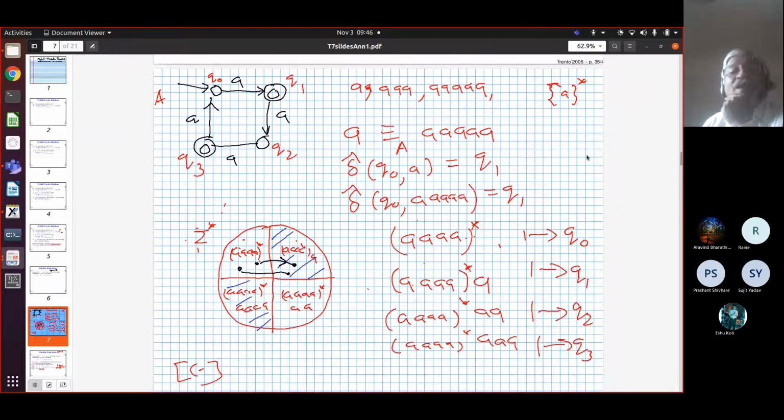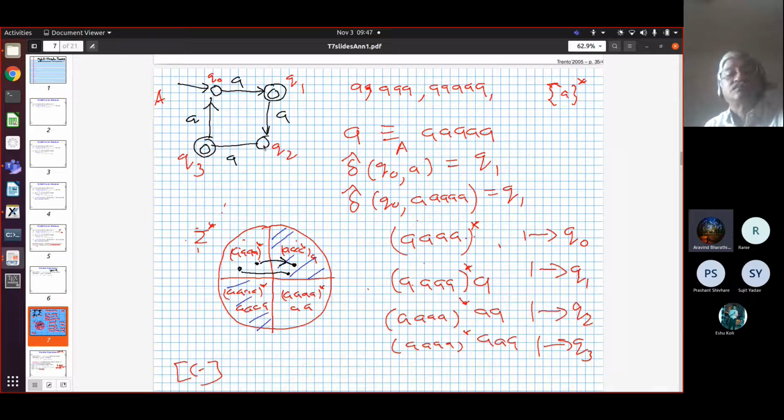And how many equivalence classes will a DFA machine induced equivalence have? As many as the number of reachable states. So that is the minimum? No, it depends, because for the same language, you can have DFAs of different size. But every DFA gives you a partitioning of sigma star into as many equivalence classes as the number of states.